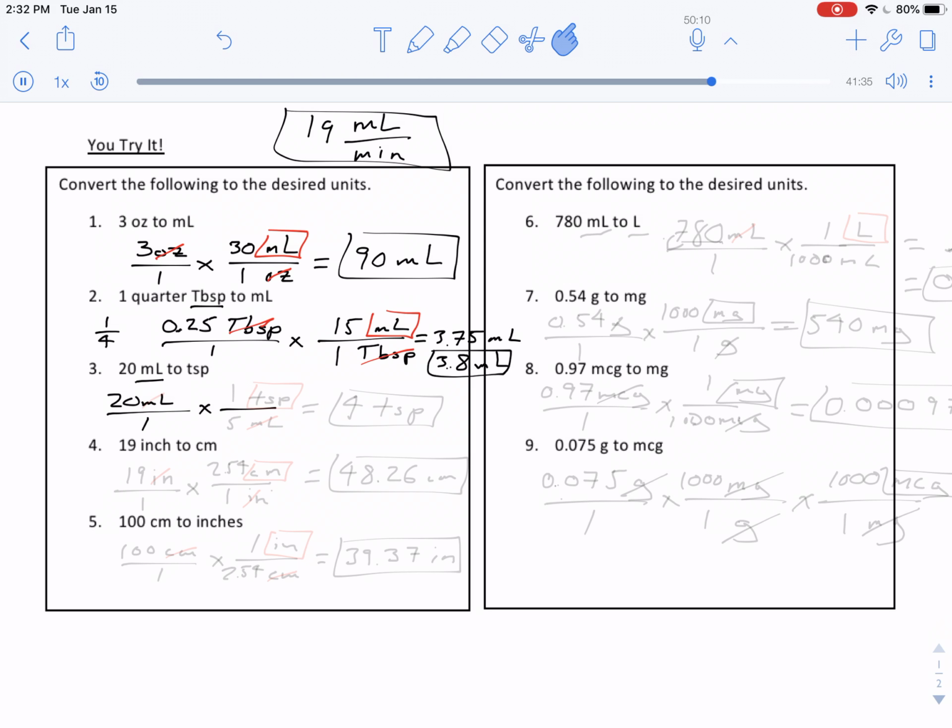I'm going to multiply it by the fraction with milliliters on the bottom and teaspoons on the top. There are 5 milliliters per every 1 teaspoon. Again, noticing the canceling of my milliliters and what's left with teaspoons. What I end up with is 20 over 5, which is 4 teaspoons.